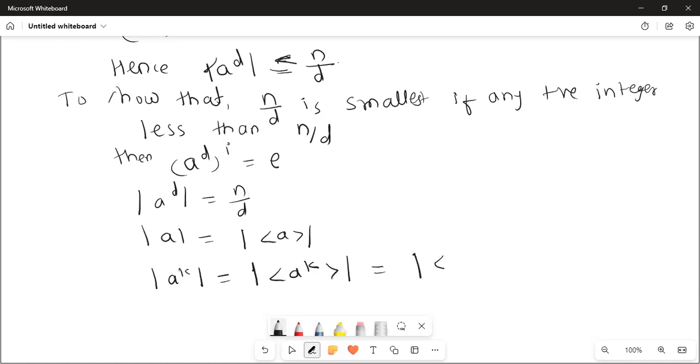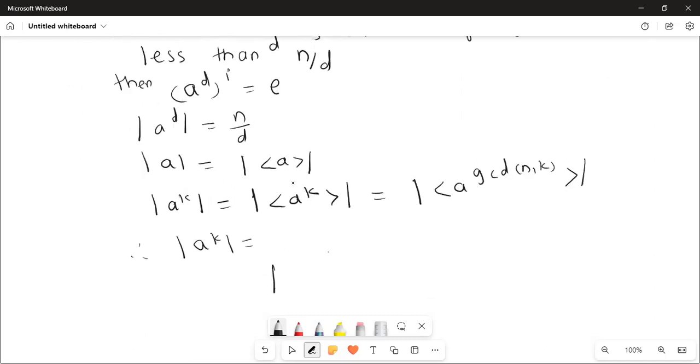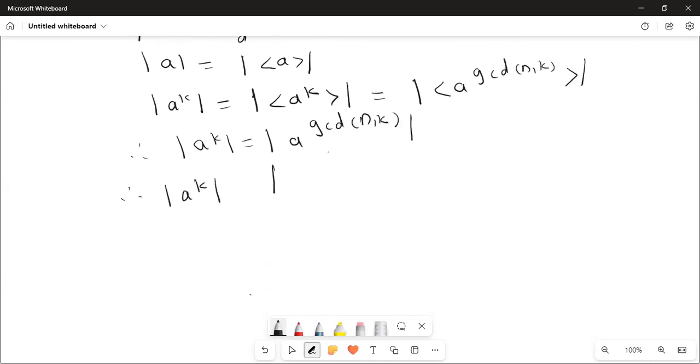That means a raised to k is a raised to GCD of n and k. And therefore the order of a raised to k is equal to n divides GCD of n and k.